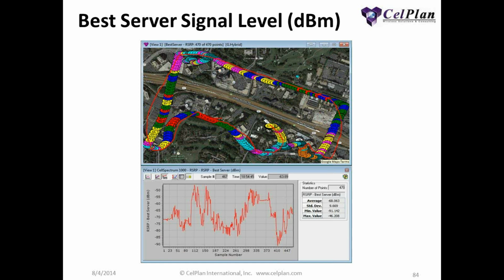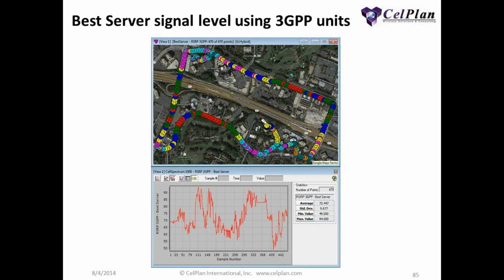And this is how the signal behaved along the route. Here we use 3GPP units, it is the same value but now translated to 3GPP units. This is a very important way of looking at it.